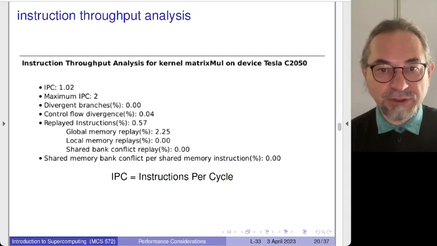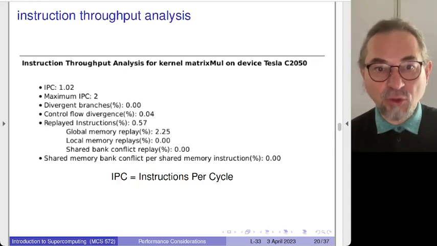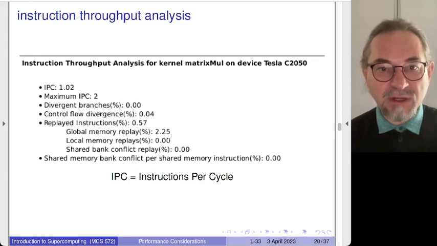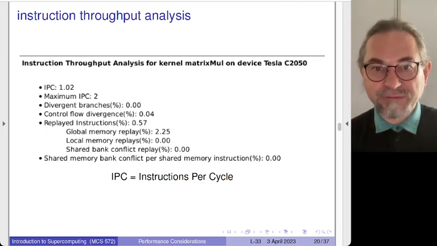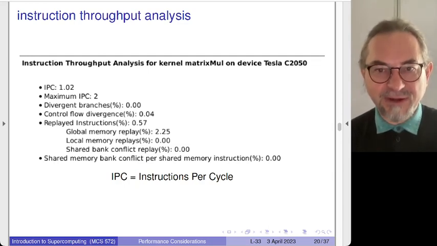We talked about bank conflicts. Here there are no bank conflicts. The thread divergence, so here you see the control flow divergence. There is no branch divergence, also 0. So in a way, the report card looks very good, which you would expect from something that comes with the software development kit, the matrix multiplication kernel.